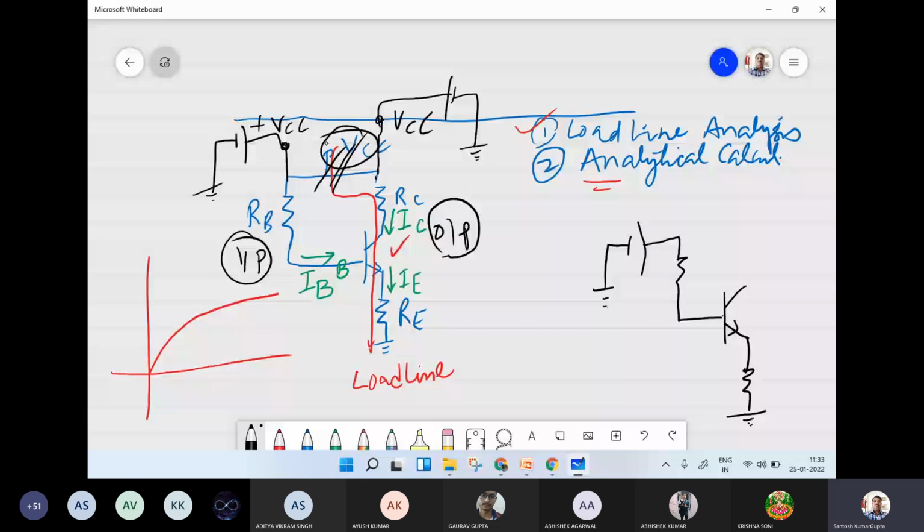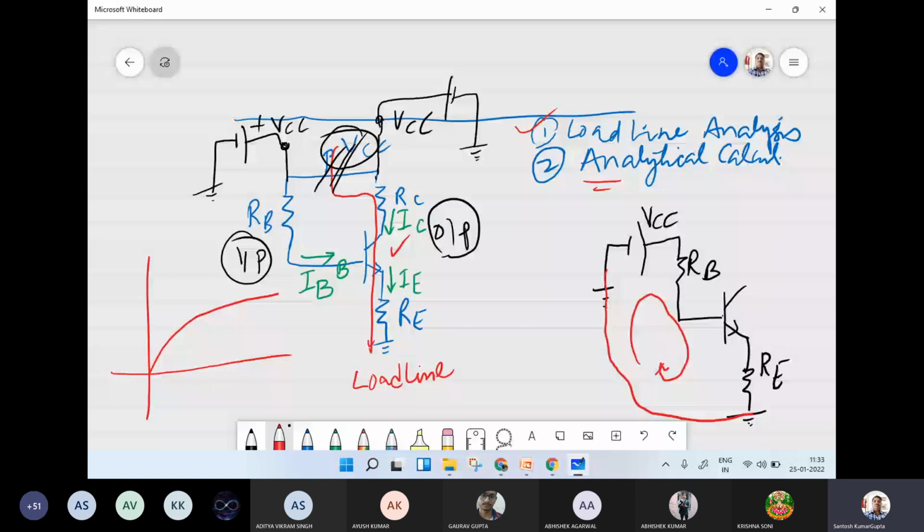So this is VCC here, RB and RE. Both grounds are common here, so we can think that they are connected together. In this way, we can figure out this input loop correctly.